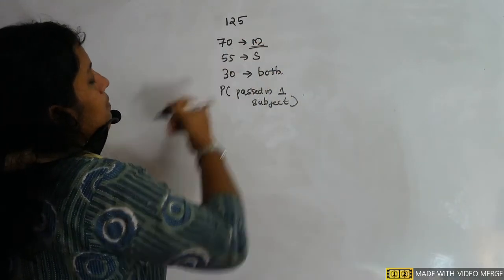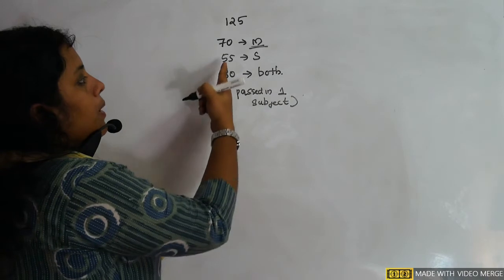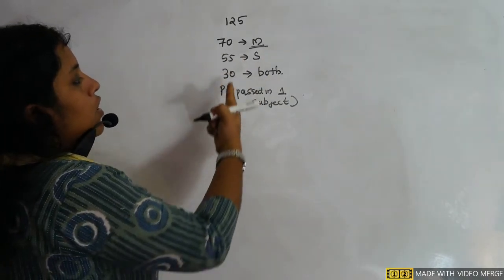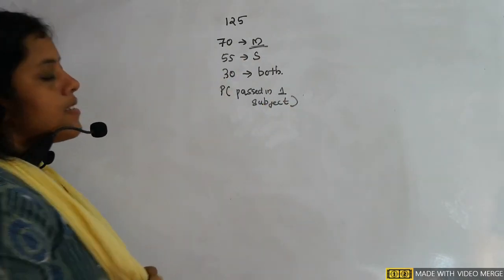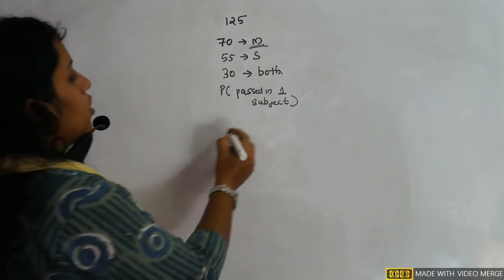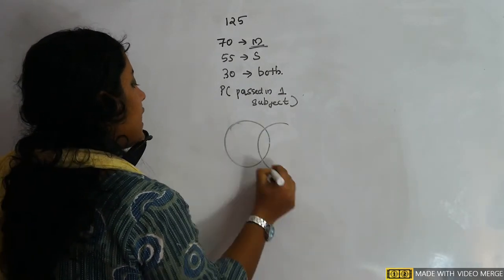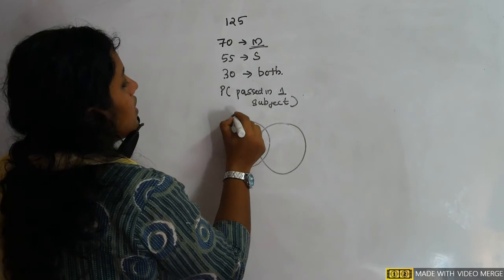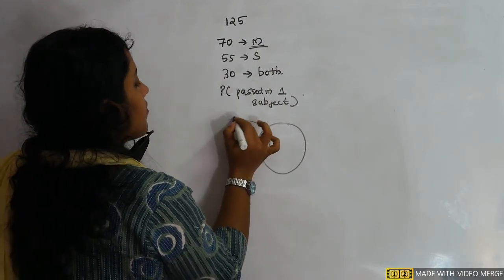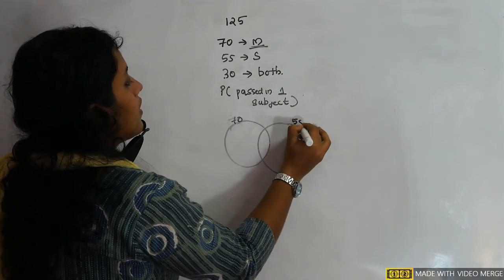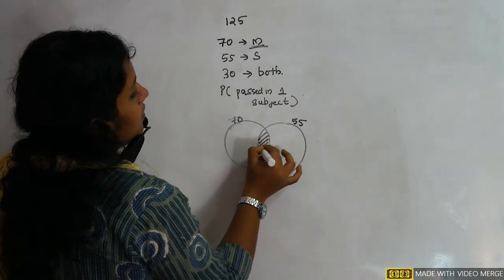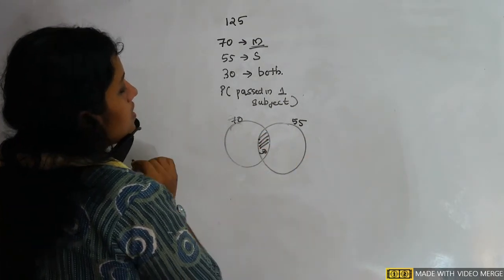See, how many passed in mathematics? 70. How many passed in statistics? 55. Passed in both is included in both of these. If I draw the Venn diagram, this is 70, this is 55, and this part is 30.